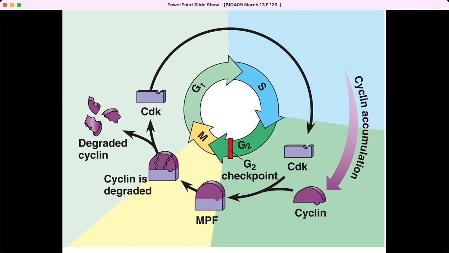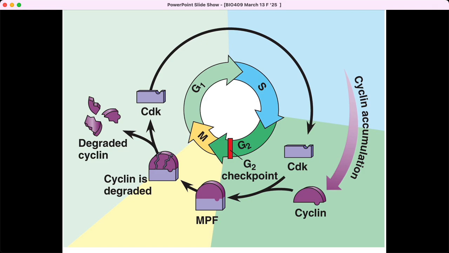It's necessary, but there's something else that needs to happen. So that's going to be our focus. What else needs to happen to the CDK1 to activate it? Then you can see there's the MPF. It's active throughout M phase. And then when we finish M phase, we're going to turn off that MPF, turn off the CDK1. And that happens because the cyclin B gets destroyed.